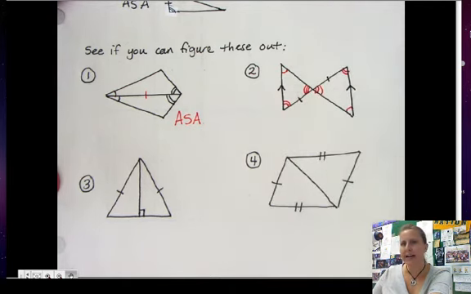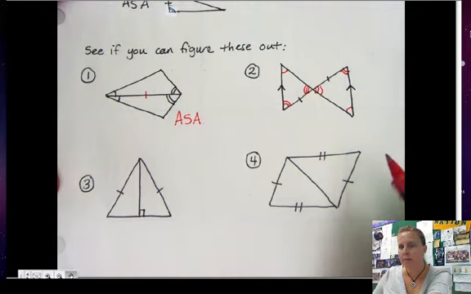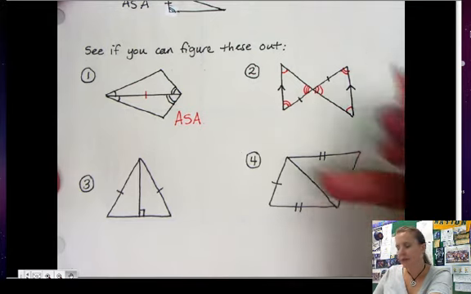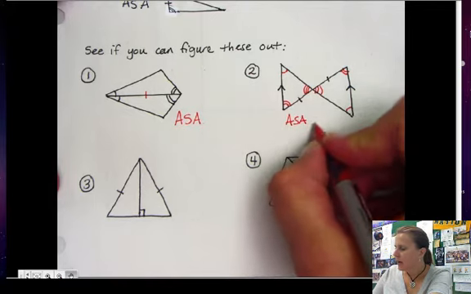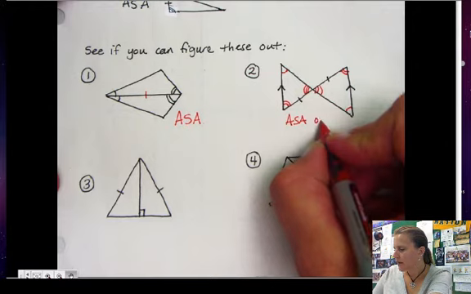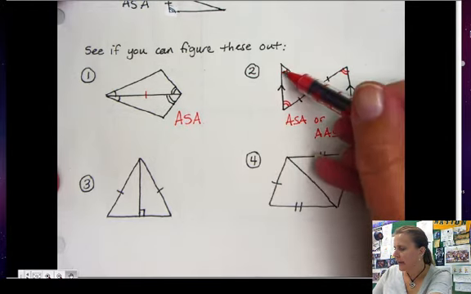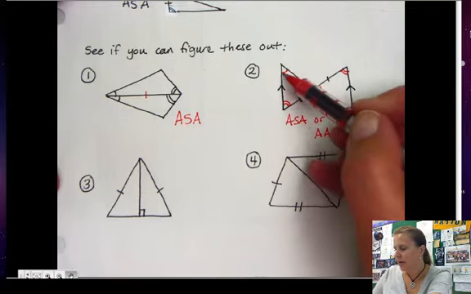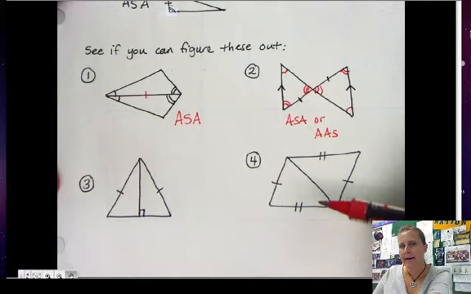So this actually has way more information than we need because we've got a side and we know that all 3 angles are congruent. So we can either choose ASA, which would be these three, or we can choose angle, angle, side, or we can go this way, angle, angle, side. So you can choose which one you want on that one.